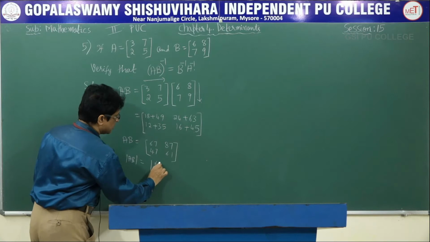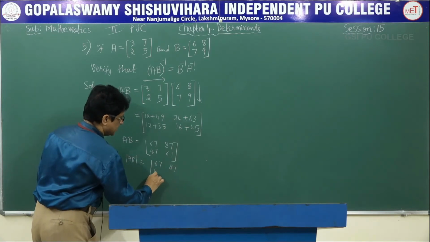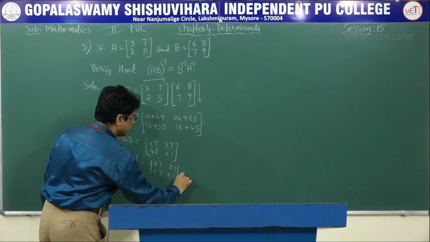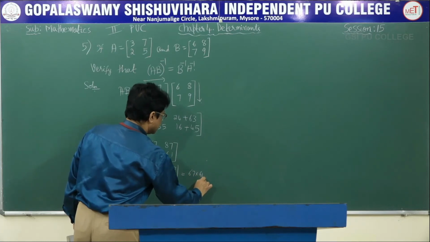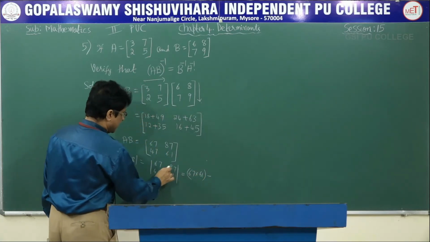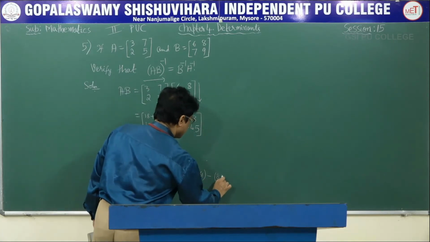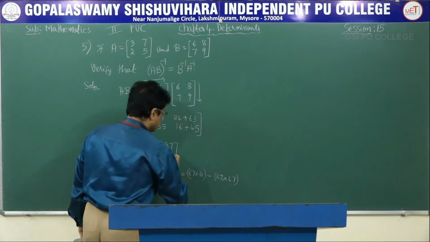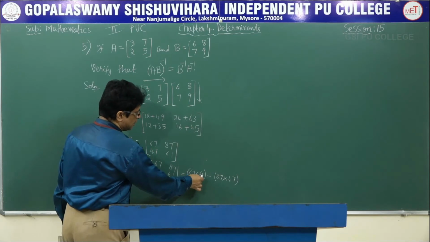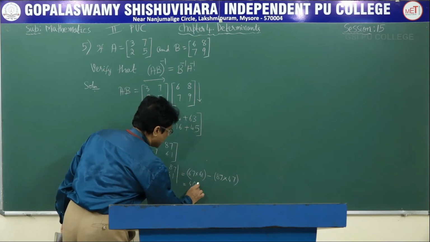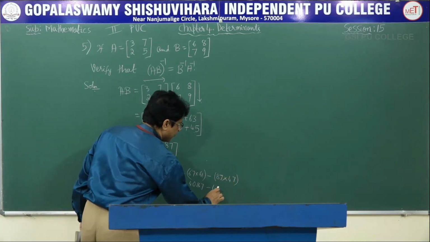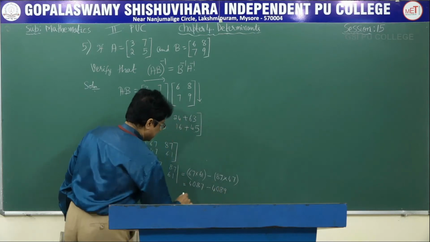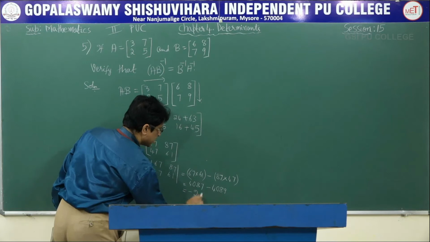So determinant of 67, 87, 47, 61 will be equal to 67 into 61 minus 87 into 47. 67 into 61 is 4087, minus 87 into 47 is 4089, that will be equal to minus 2.